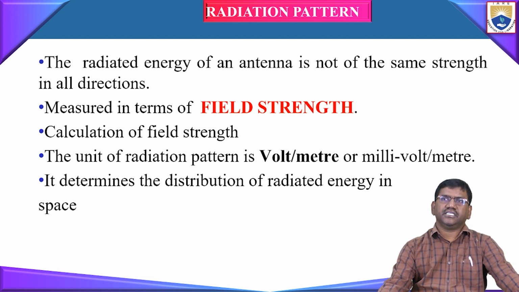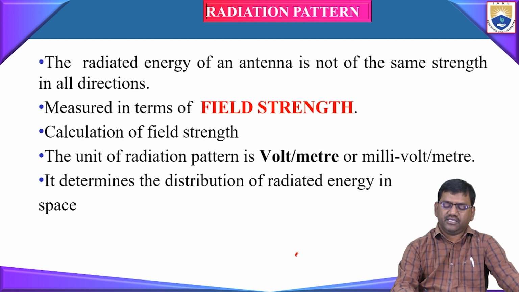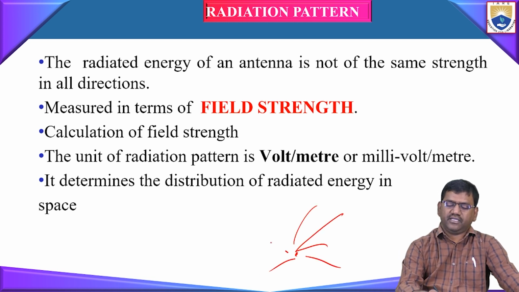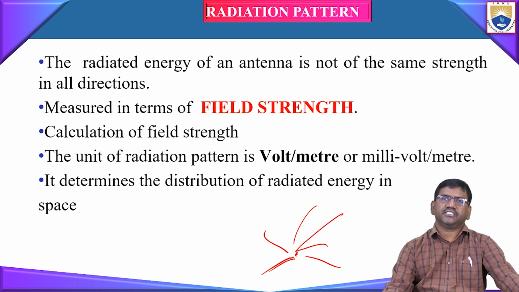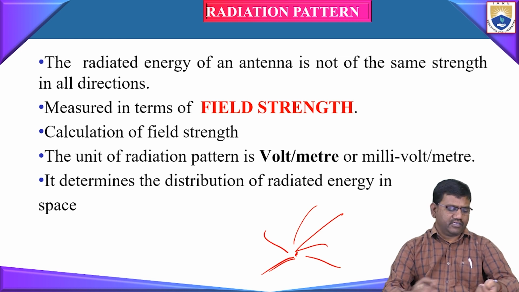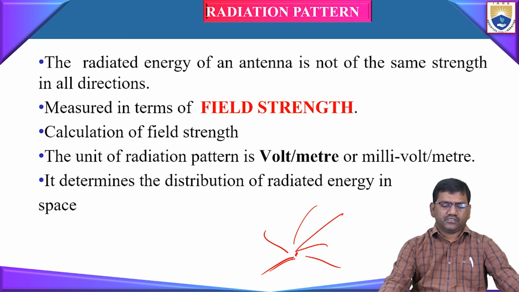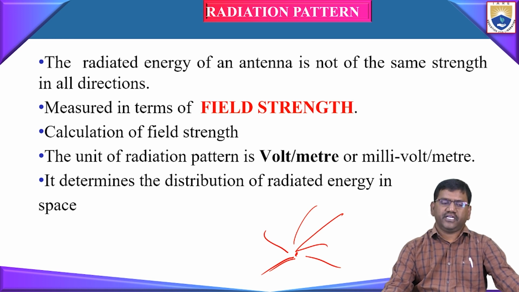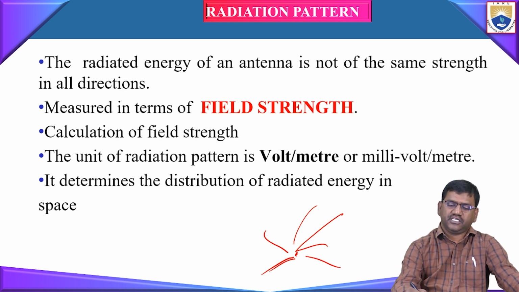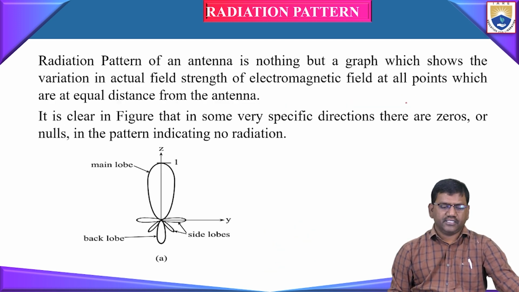The radiated energy is not of the same strength in all directions. The antenna radiates energy in all directions with different field strengths. The unit of radiation pattern is volt per meter. It determines the distribution of radiated energy in space, how much energy is radiated in free space, measured in terms of field strength.